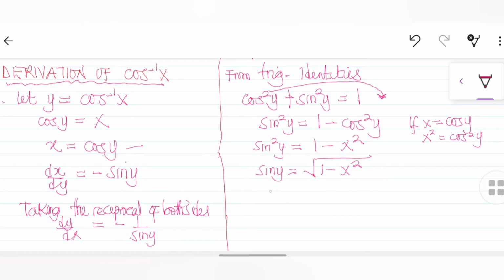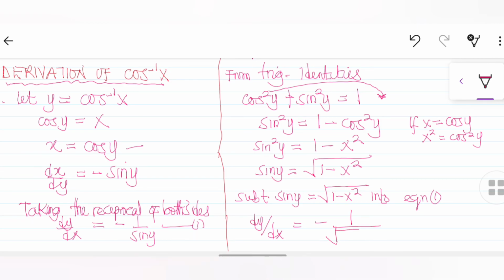Since I've already gotten the value of sine y to be equal to square root of 1 minus x squared, substitute this value into equation 1. Substitute sine y, which is equal to square root of 1 minus x squared, into equation 1, and that is going to give me dy/dx to be equal to minus 1 all over square root of 1 minus x squared.